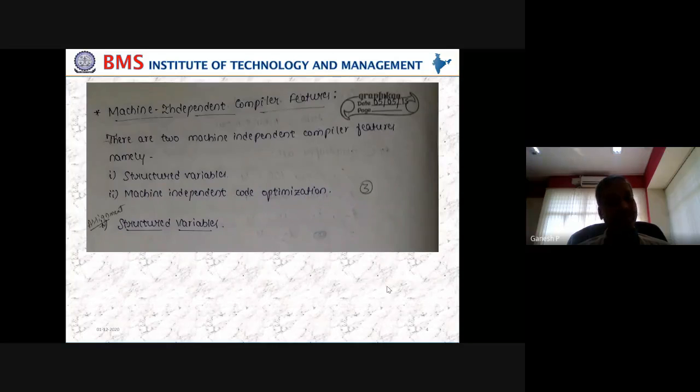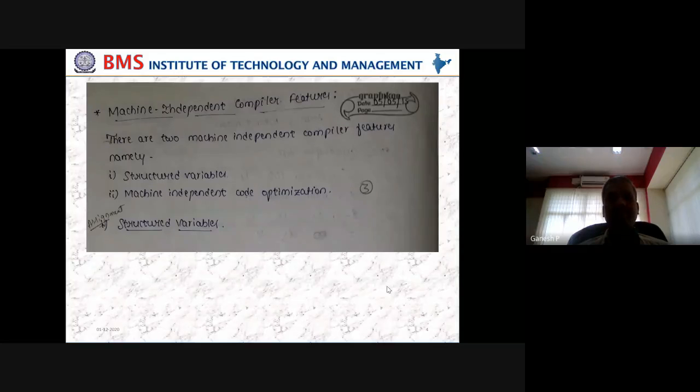So machine dependent means, as we have just discussed, it deals more or less, or mainly, with the processor of the system or the architecture with which we are working. Thereby we have blocks, dividing the given program into various blocks. That was one concept. Second was rearranging the quadruples. Both deal with the processor or, more specifically, the registers of the processor.